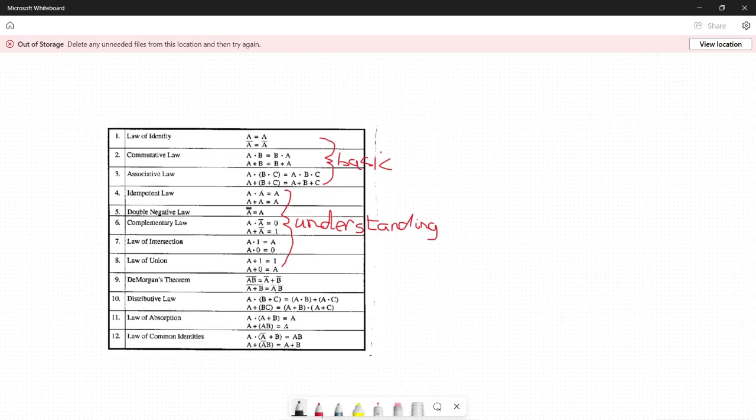Now, the next ones are the distributive laws. So A times B plus C is equal to A times B plus A times C. Now, this is quite obvious because we're just going to take A into the brackets, and then we're going to get A times B and A times C. What I find is we don't normally end up using the law going this way.